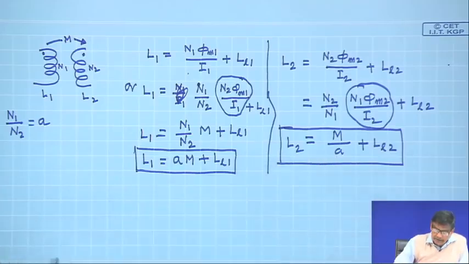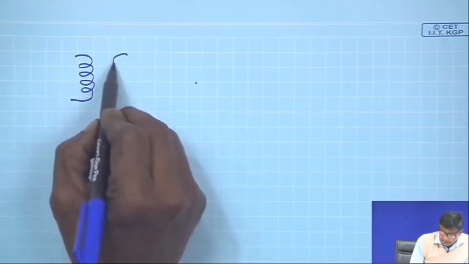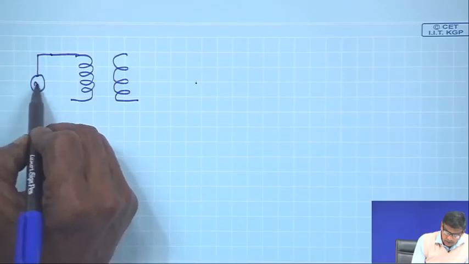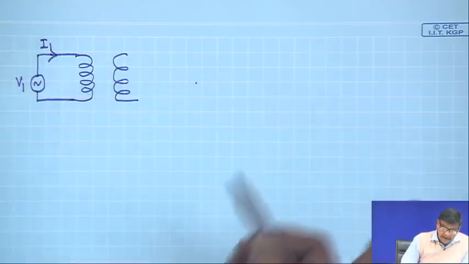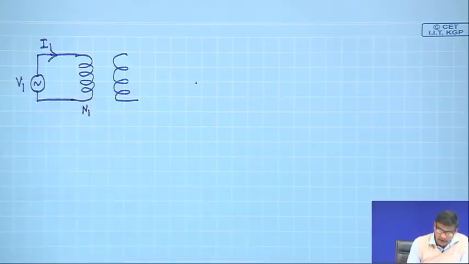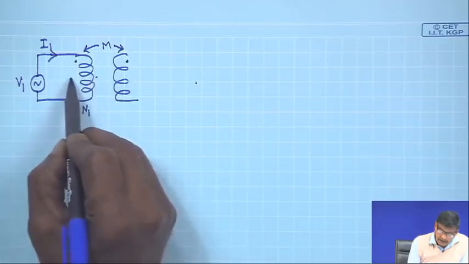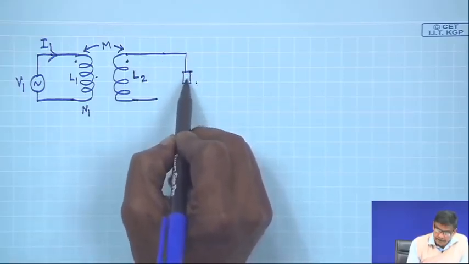Now, these things we will use to derive the equivalent circuit, and to do that, in my last class I was telling that you consider these two coupled coils and consider that you have applied an AC voltage whose RMS value is V1, and I1 is the AC current drawn by this coil having turns N1, and these have the same mutual inductance and self inductances L1 and L2. And on the secondary side we will connect some impedance Z2.